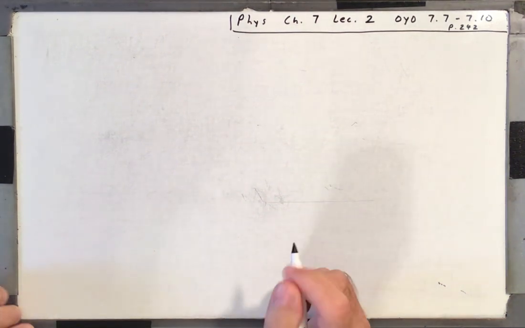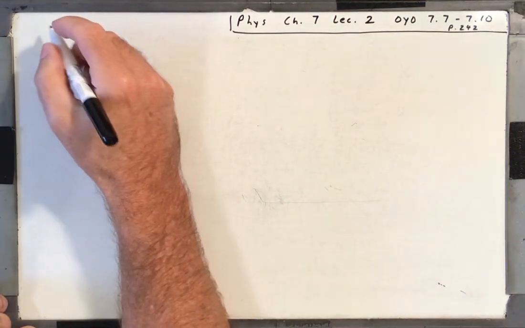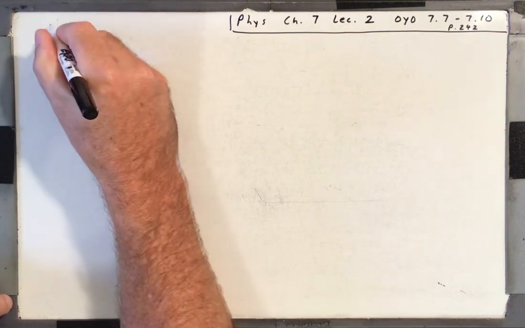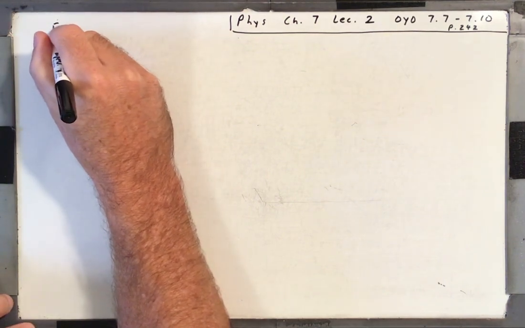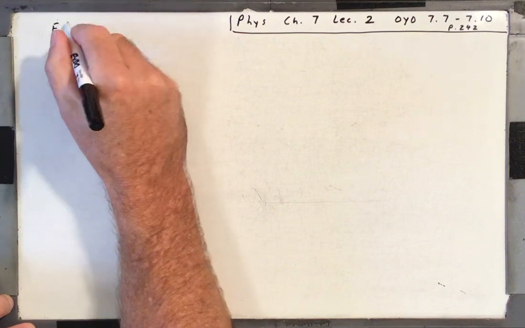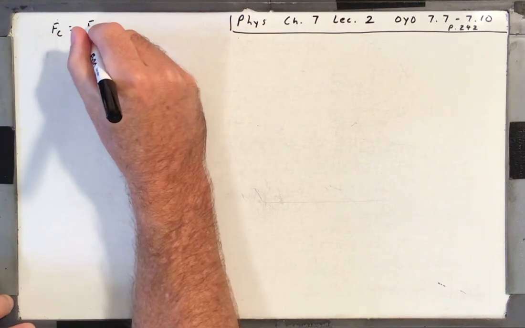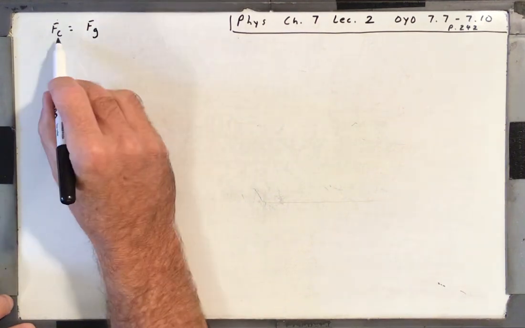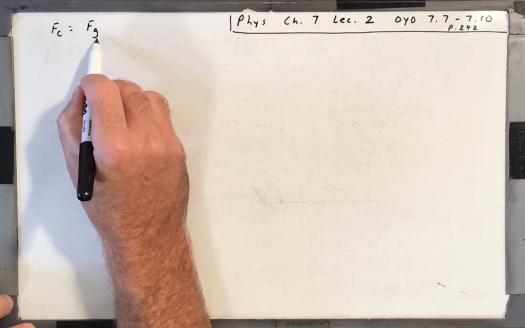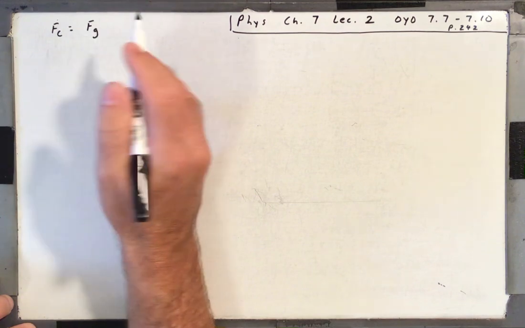Okay, so for all of these planetary type problems, we're going to use the fact that what causes the centripetal force is the force due to gravity. So the centripetal force is equal to the force due to gravity.